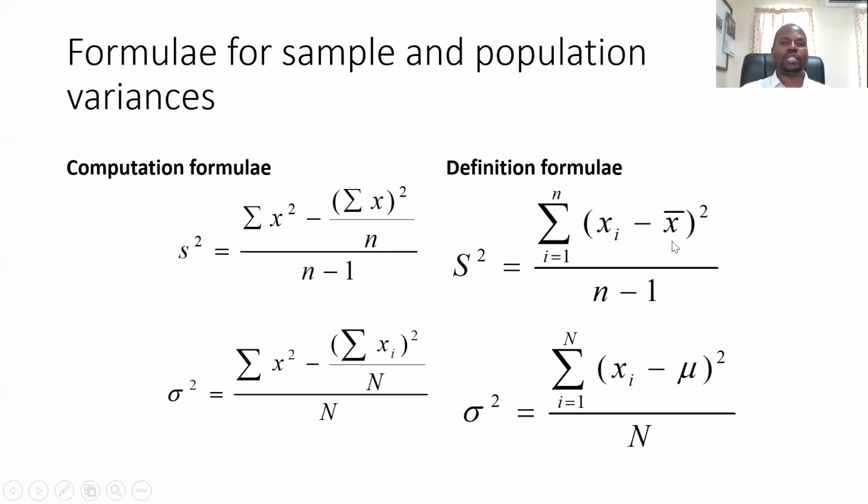So we have lost some degree of freedom, and that's why most of the formulas for the sample variance will be subtracting a 1 there. And most of the formulas for the population variance would not subtract a 1 from n below there.